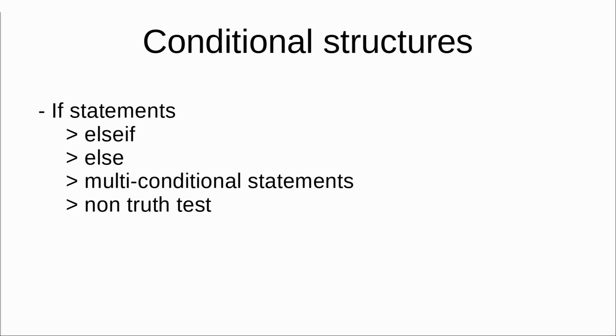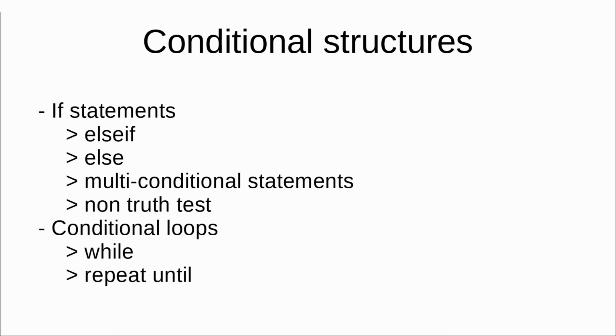And we will talk about those soon. So else if and else might be some things you guys already know about, and then multi-conditional, and then non-truth tests. I think that this is something anyone barely knows about when you read the term, okay? But you guys might already know about it, I'm not sure.